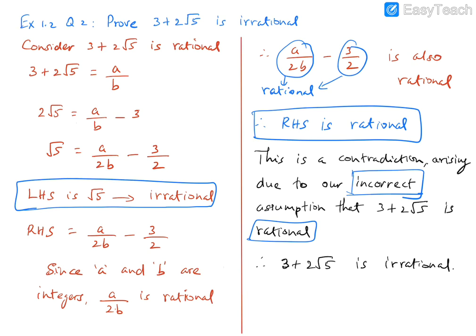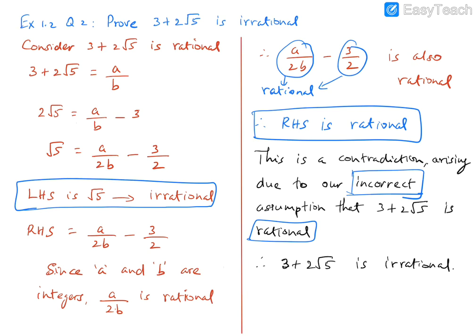So we have seen several examples of how we can prove a given number is irrational by using the method of contradiction. We start off with an assumption that the given number is rational, and then we show that there is some contradiction with a general relationship that is known to us.